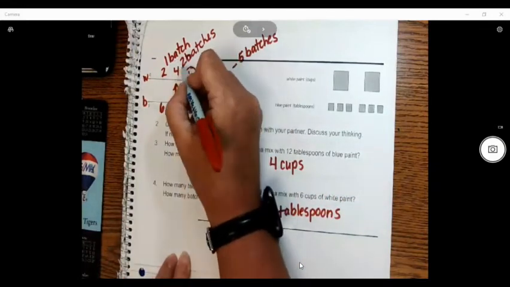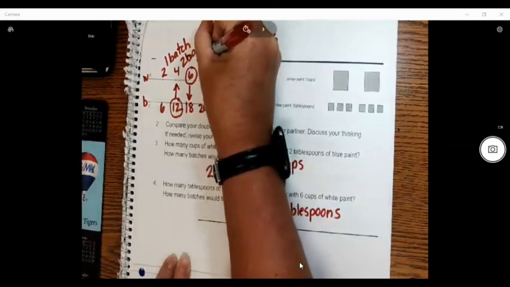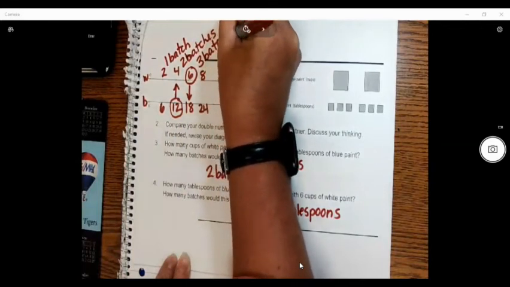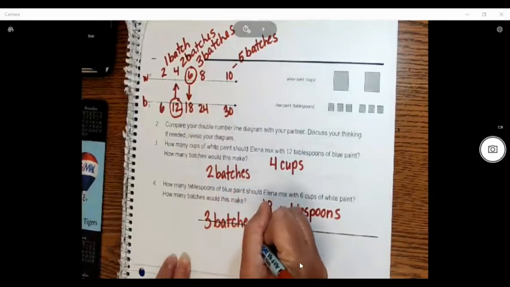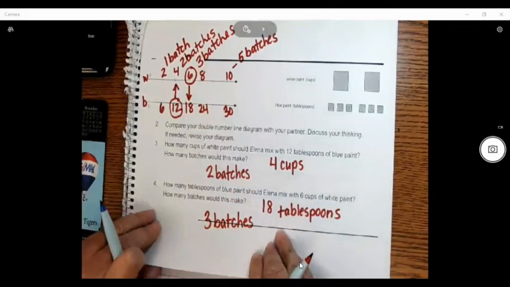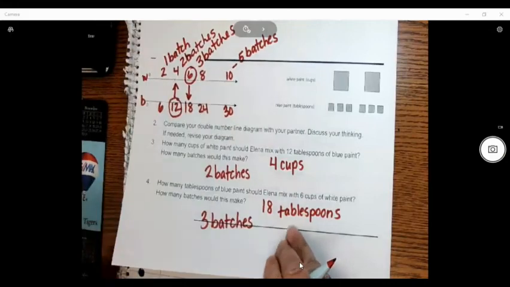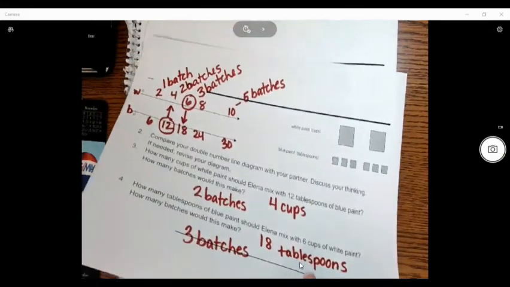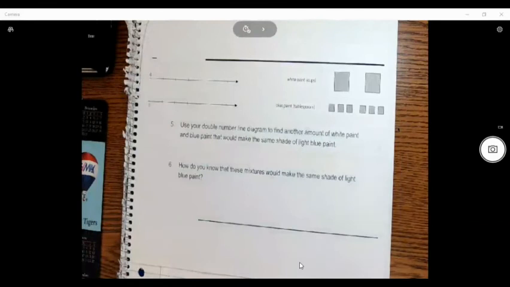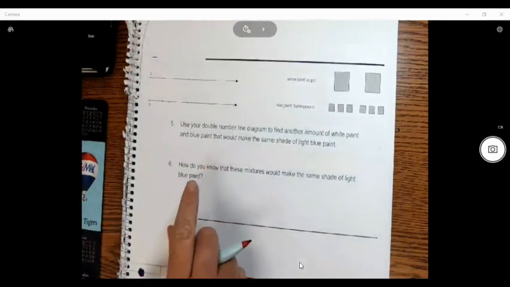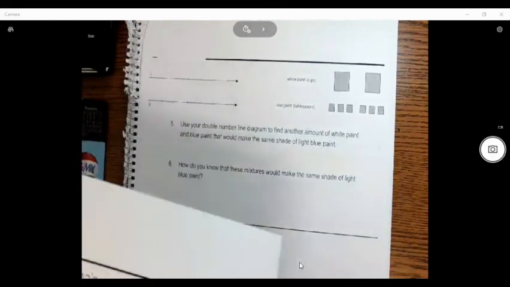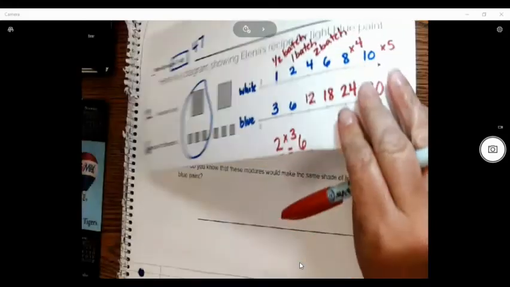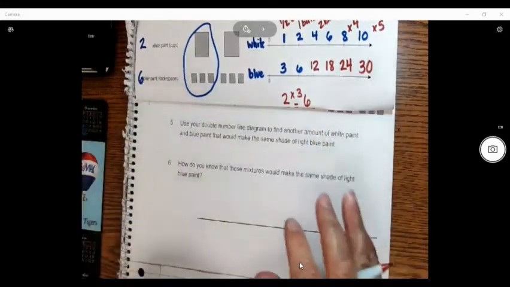Well, we times it by 3, so that would be 3 batches. So you should make sure that you have that written down on page 47. All right, we have to move on to page 48 to make sure that we get our last couple of questions. And I'm going to just keep looking at our original one right there.